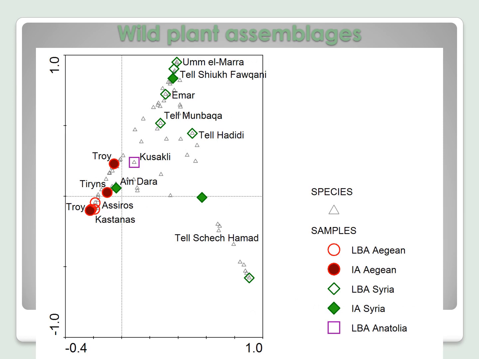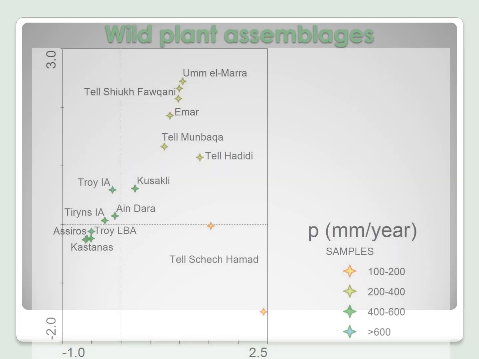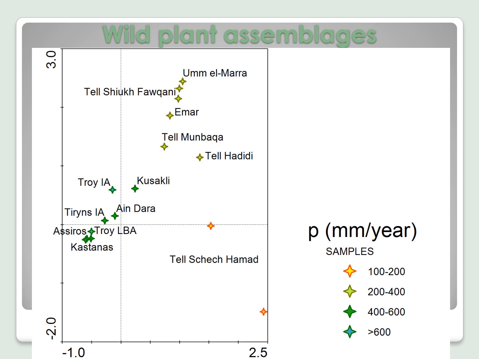Here is a dataset from different sites in the Near East after elimination of crops and probable weeds. Interesting is the clustering of sites according to their geographic position, indicating that wild plant assemblages reflect geographic patterns rather than having a chronological attribution. Further categorizing of the sample data shows that precipitation plays a role in clustering of the taxa.